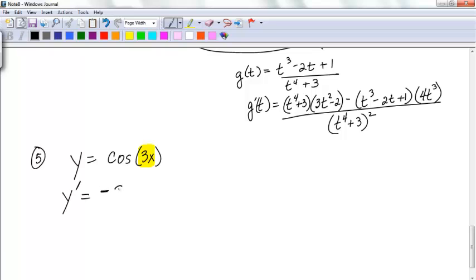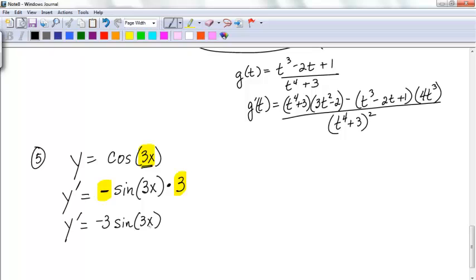Negative sine. The negative sine and the angle stays the same: negative sine of 3x, then it's times the derivative of the angle, the derivative of the part inside. Just 3. And then they will simplify this with the negative 1 in front.